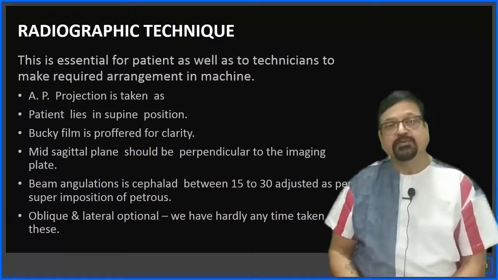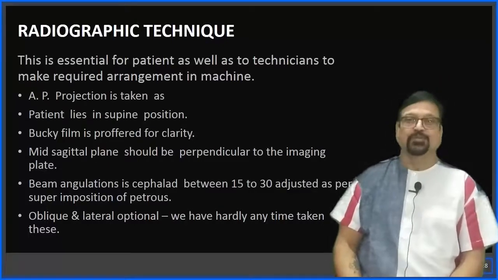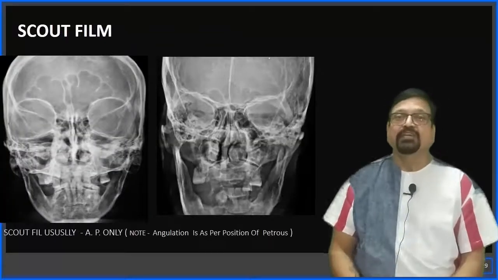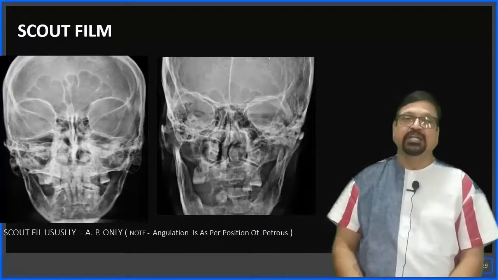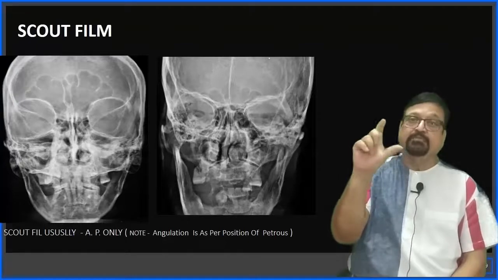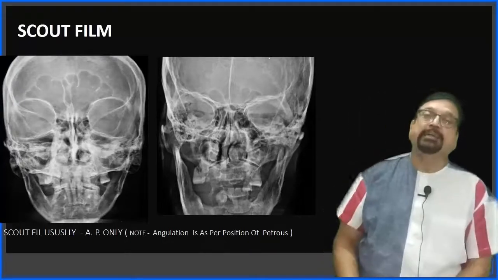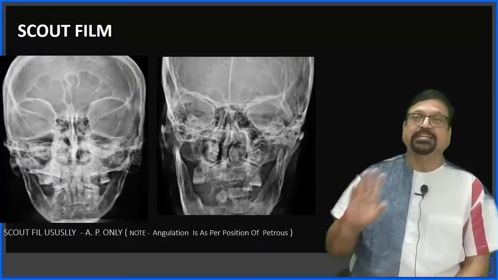The oblique and lateral projections are optional, out of which oblique we have convinced that it is useful. Then what is happening? The first film is perfect, what we want. It is a perfect orbit because there is no petrous projection in both orbits. Now see the second. It's also an AP, but in that you are seeing a petrous.